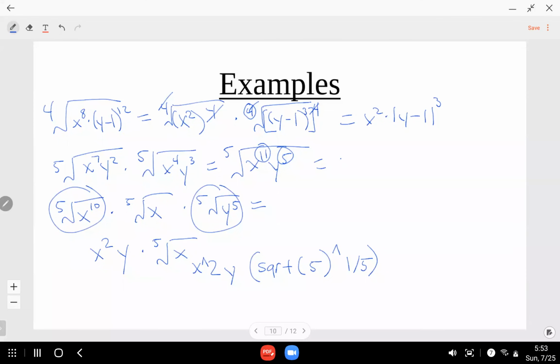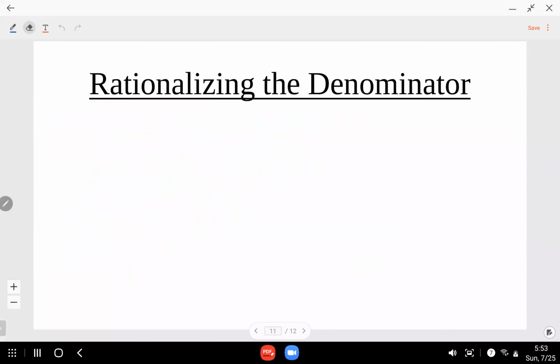Okay, so now let's do rationalizing the denominator. So why do we rationalize the denominator? What are we doing? 1 over the square root of 5. What is that? That's not simplified enough, right? That's what the teachers tell you.